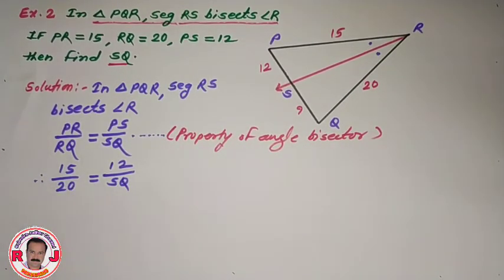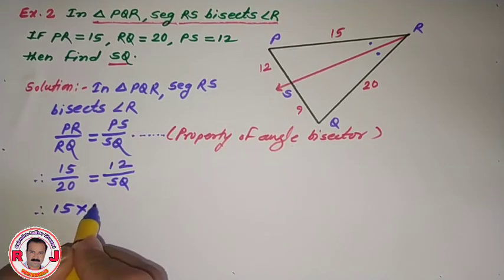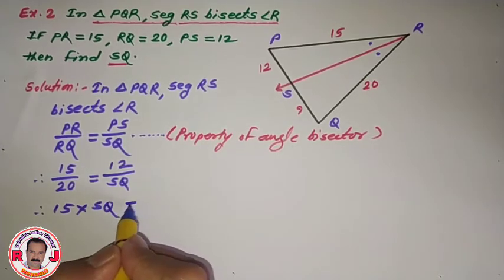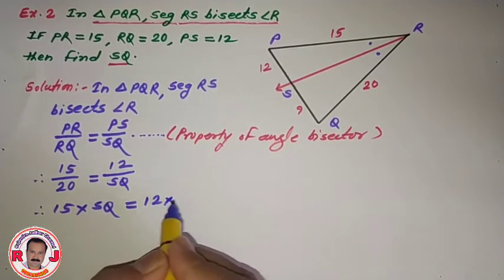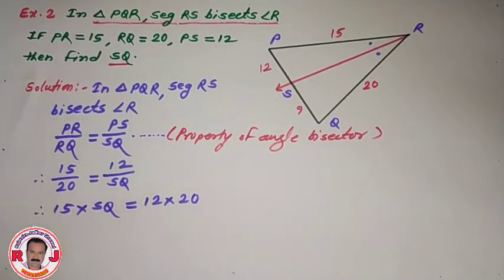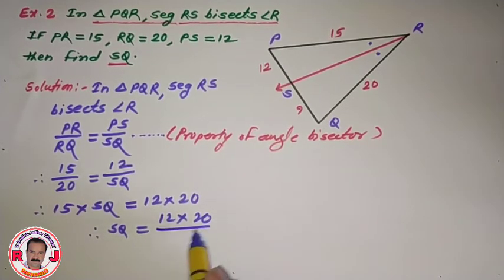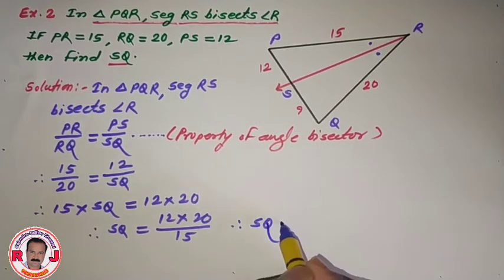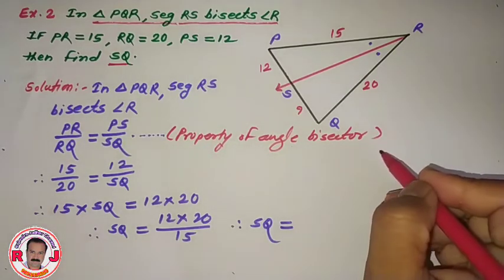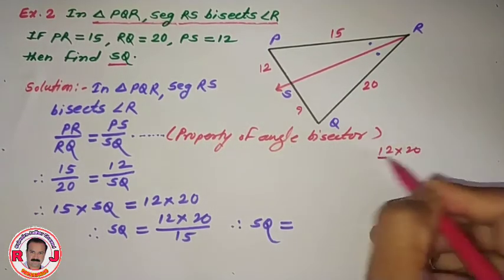Cross multiplication of these two ratios gives 15 into SQ is equal to 12 into 20. And the value of SQ is equal to 12 into 20 upon 15. Do this calculation on the rough page.